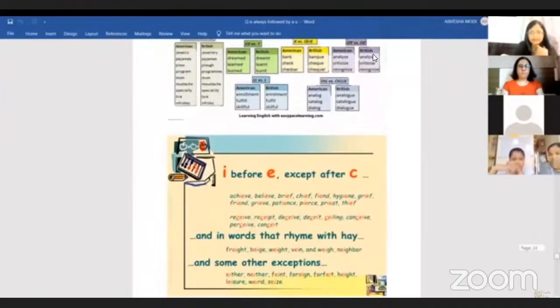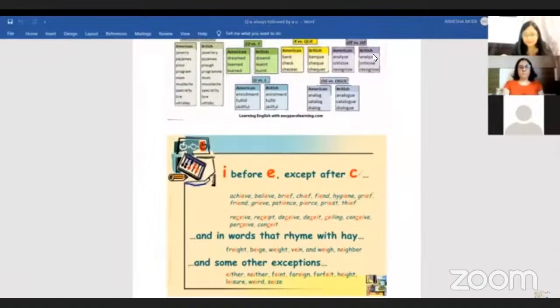Now, I before E except after C. This is again a rule where if IE is giving the E sound, then you will find that it is always IE except after C.